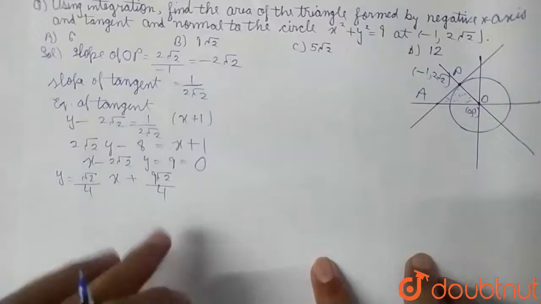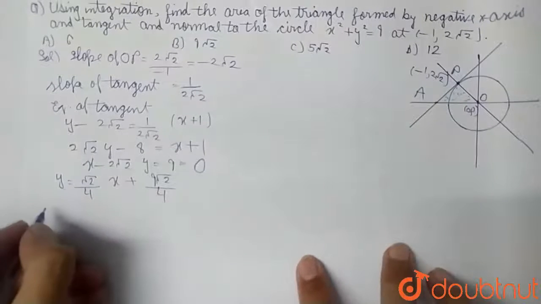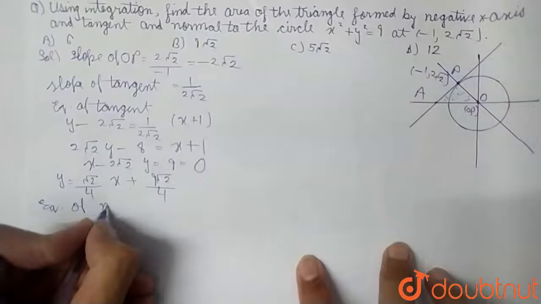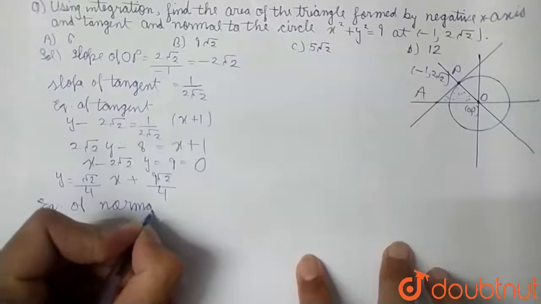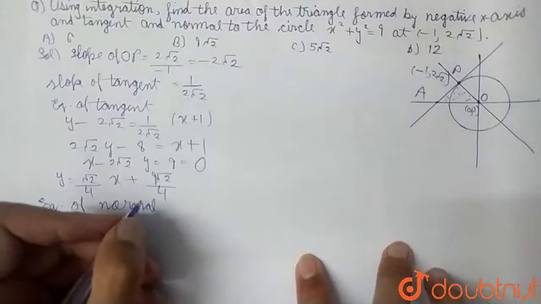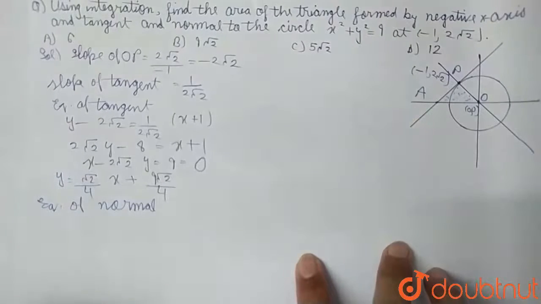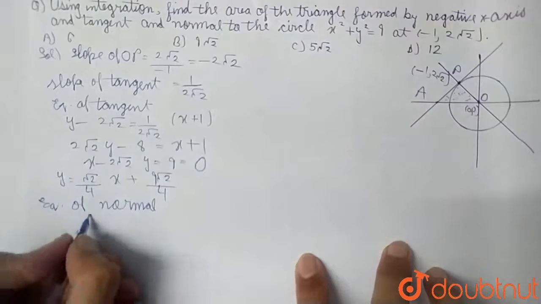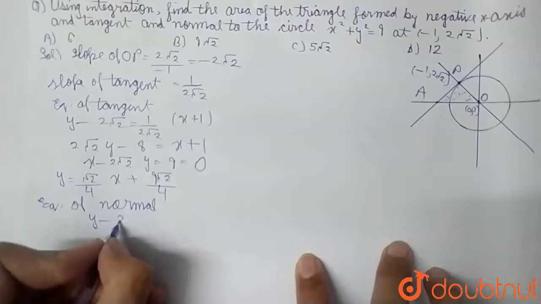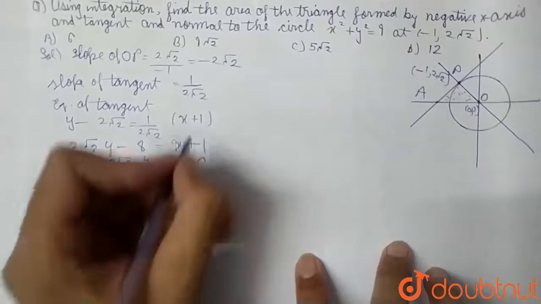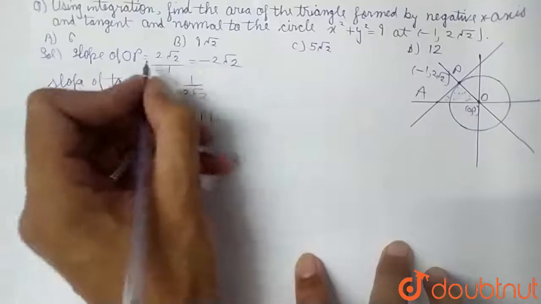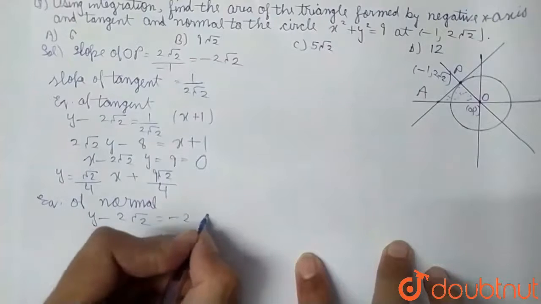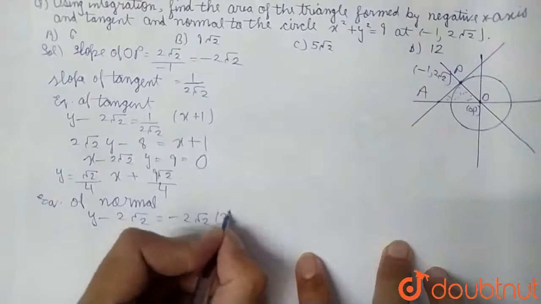Now we will find the equation of the normal. The equation of the normal is y minus y1, which is y minus 2 root 2, equals m times (x minus x1), where the slope of the normal is minus 2 root 2, so minus 2 root 2 times (x plus 1).